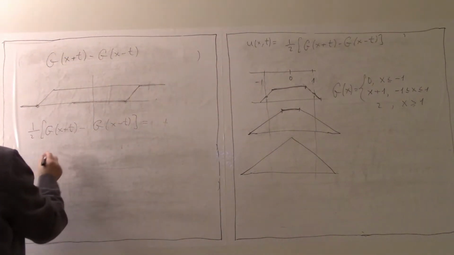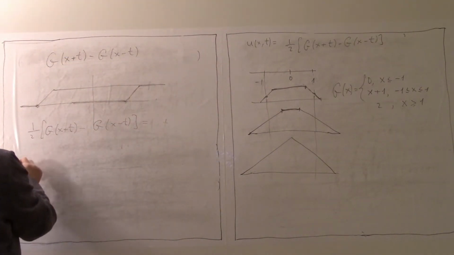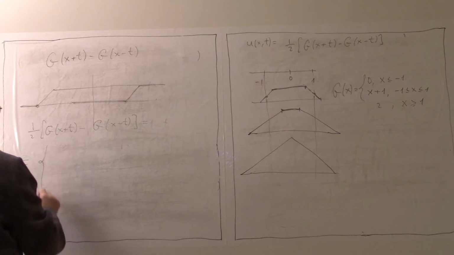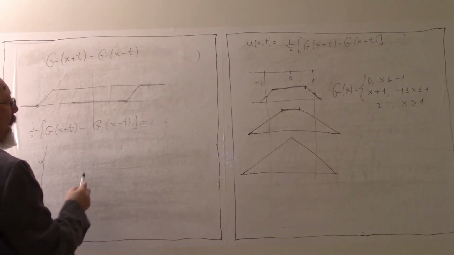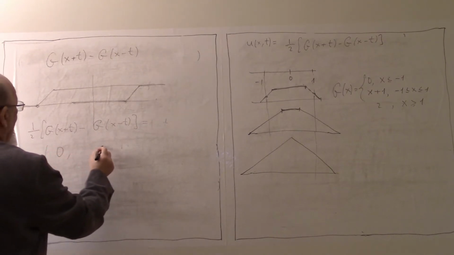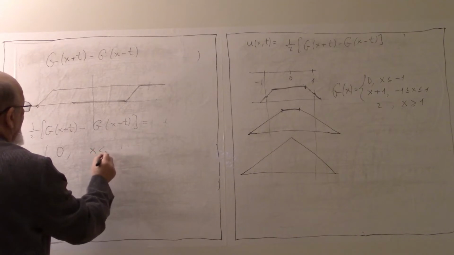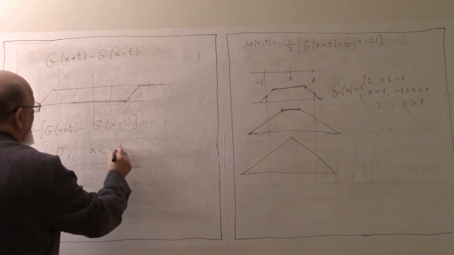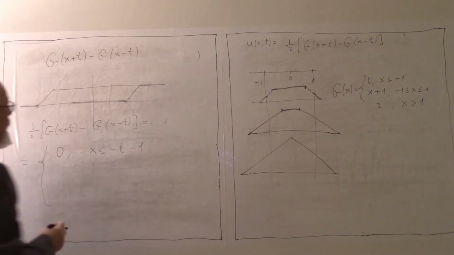So here it is equal to 0 for x less or equal to minus t minus 1.